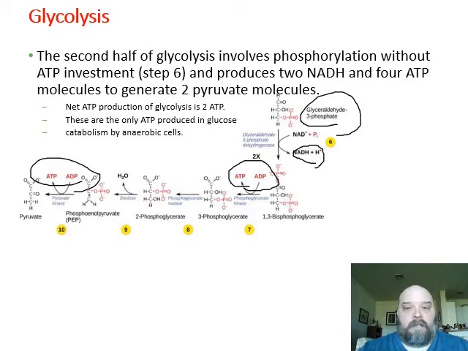So it's actually 2X right there also. 2 NADHs, 2 excited electrons to be used at a later point in time. 2 ATPs, 2 ATPs. What you see here, the second half, glyceraldehyde 3-phosphate to 1,3-bisphosphoglycerate, 3-phosphoglycerate, 2-phosphoglycerate, phosphoenolpyruvate, ending in pyruvate.